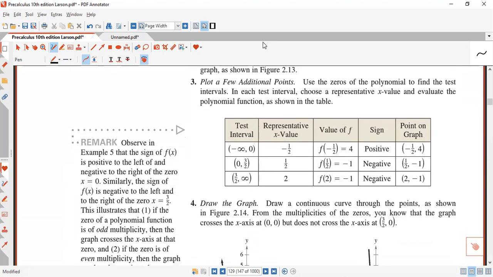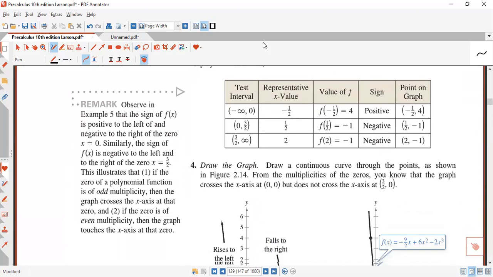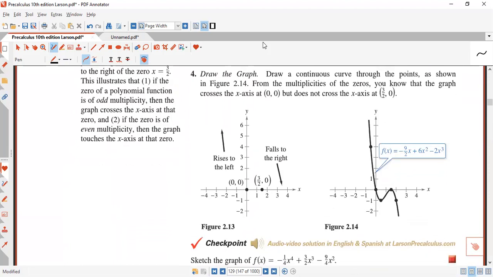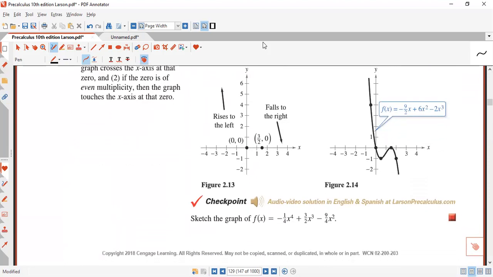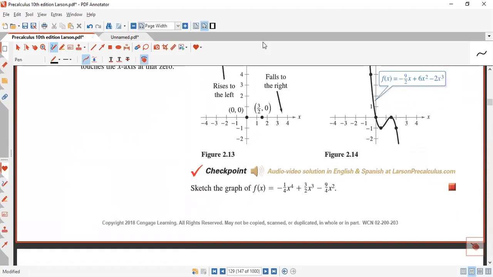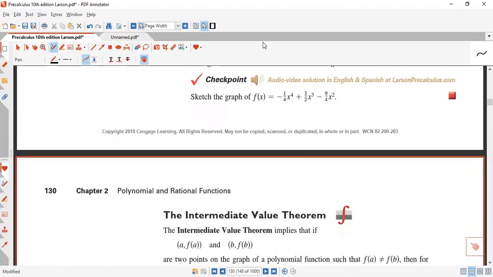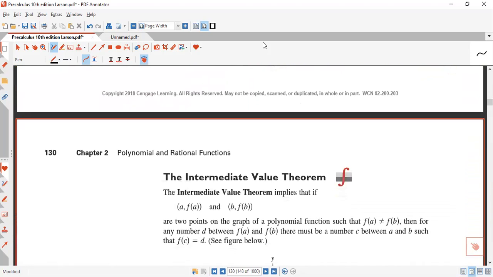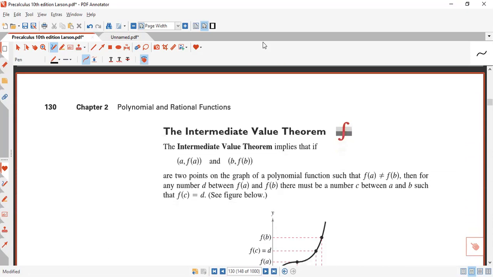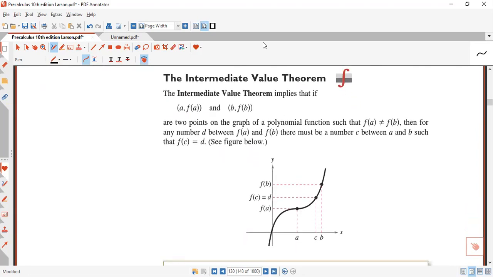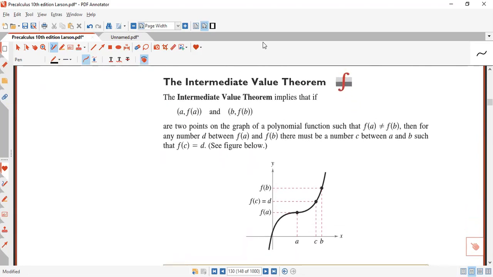Why? Because this is an example and it is already solved. So after completing the class, you may read it on your own. Okay, and you will come to know that this is the same as we already discussed. Clear? Okay, so we now have an important theorem, the intermediate value theorem.